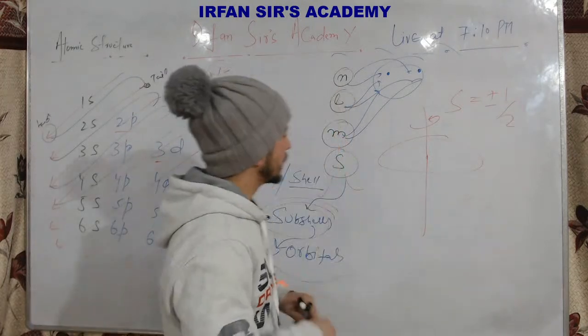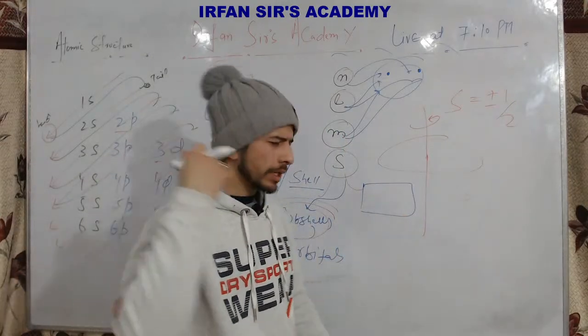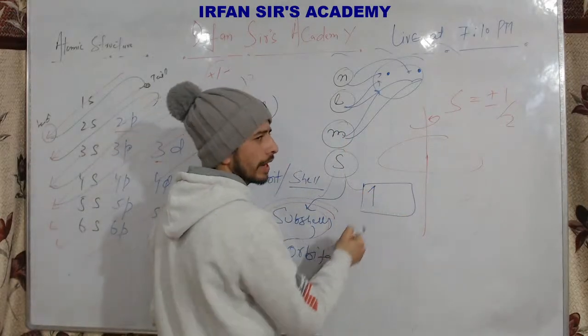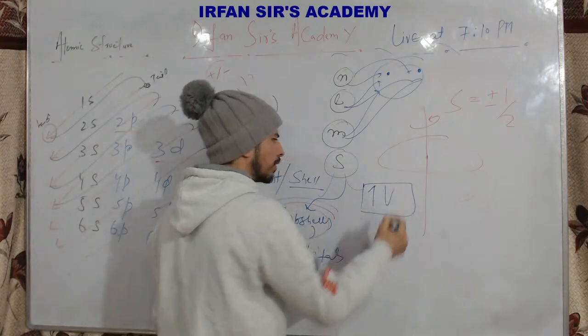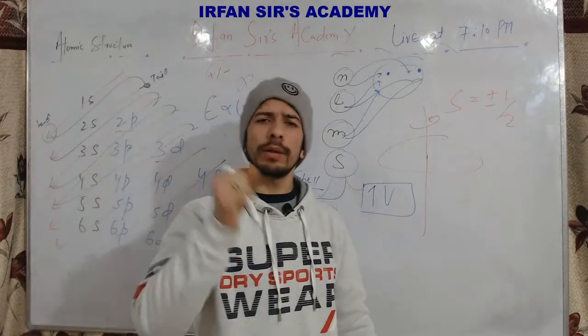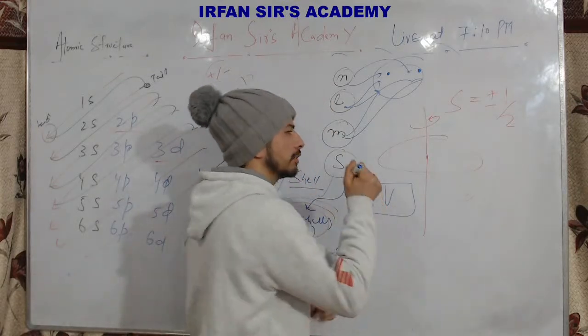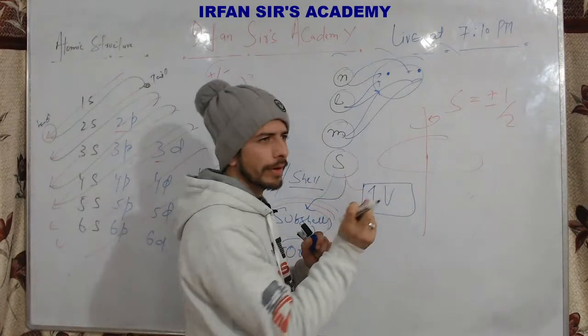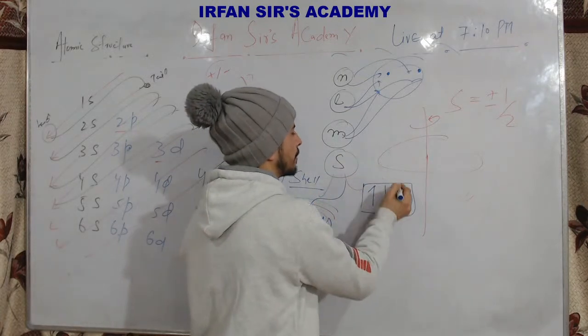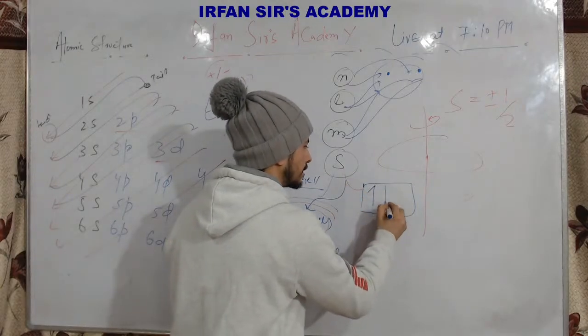That's why Pauli tells you that if there is some orbital, S, P, D, F, whatever, and one electron is spinning clockwise and another anti-clockwise, then if you place a third electron, what will be its spin? It will be either clockwise or anti-clockwise. If it's clockwise, it will repel with this electron. If it is anti-clockwise, it will repel with that electron.